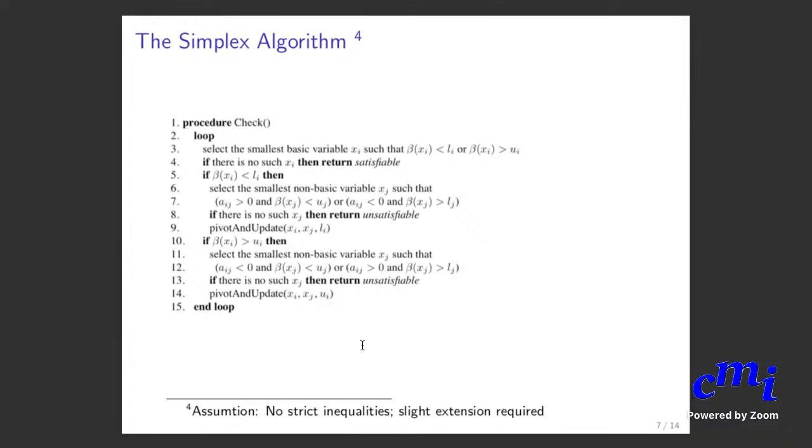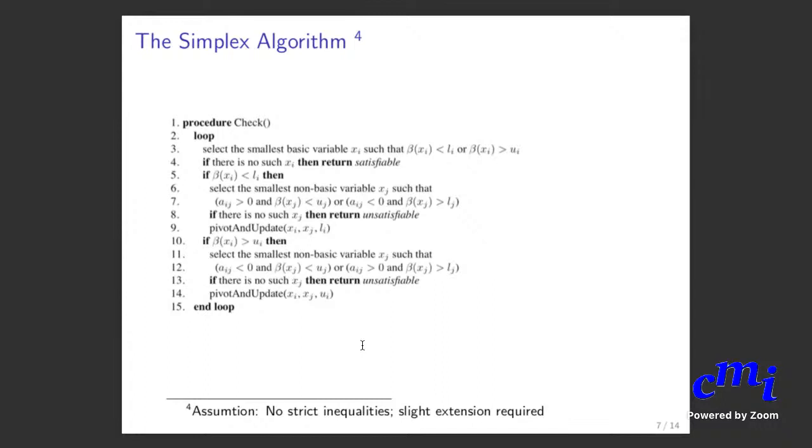That depends on the coefficient in the tableau that defines xi, the basic variable. If it is positive, then you will have to pick something which is less than its upper bound, because in order to increase xi, if the coefficient is positive, you have to increase the value of the non-basic variable. There must be slack there for it to do it.